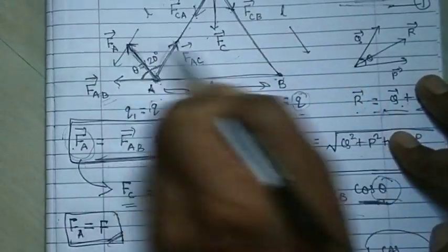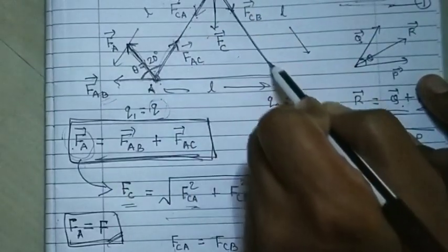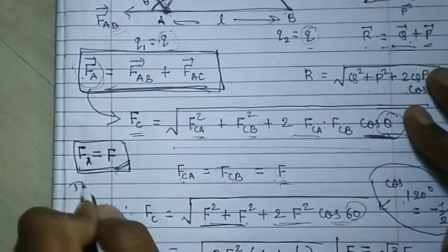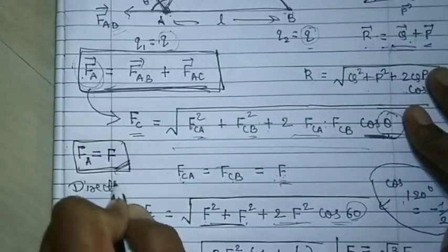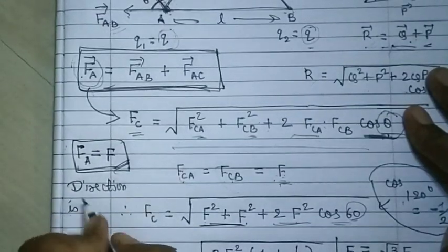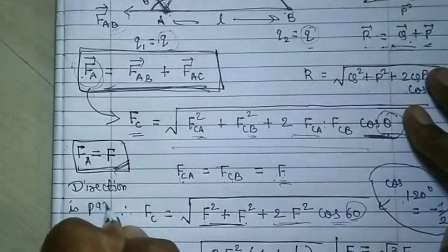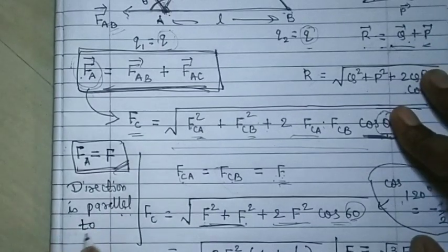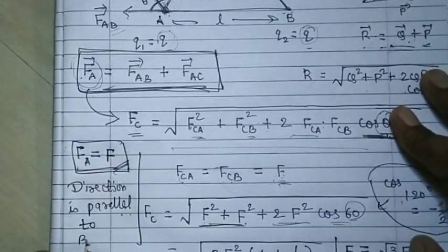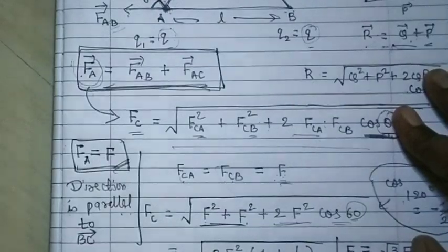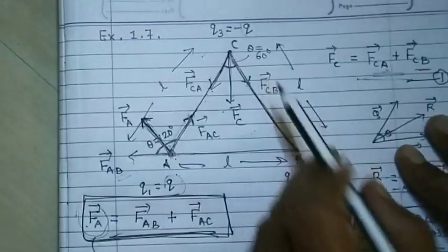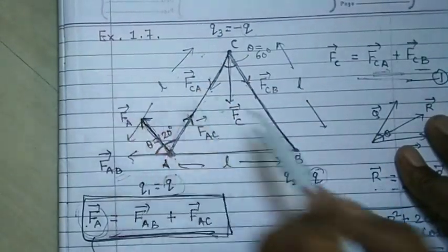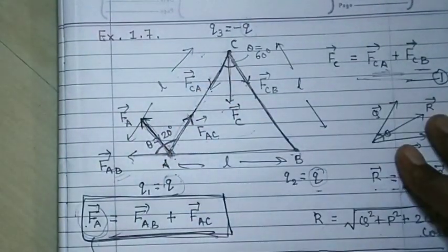You can see that this vector is parallel to this side BC. So we can say that the direction is parallel to BC, B to C, this direction. You can see this as well as this, they are in same direction.